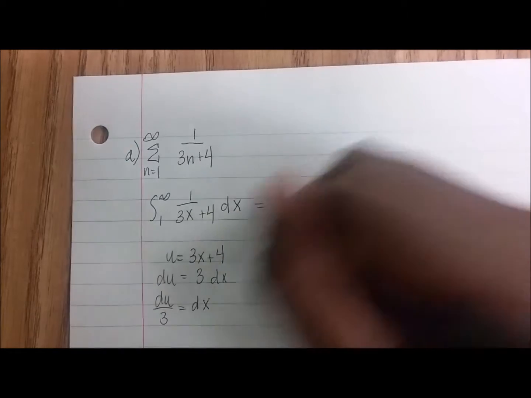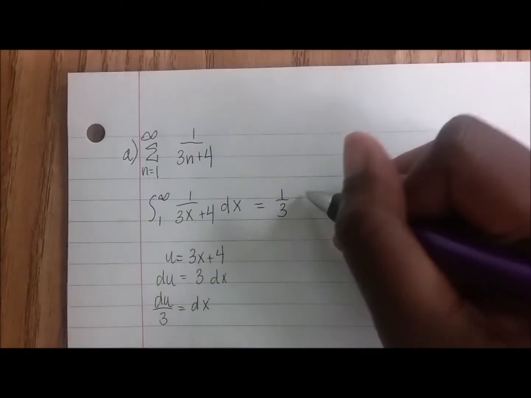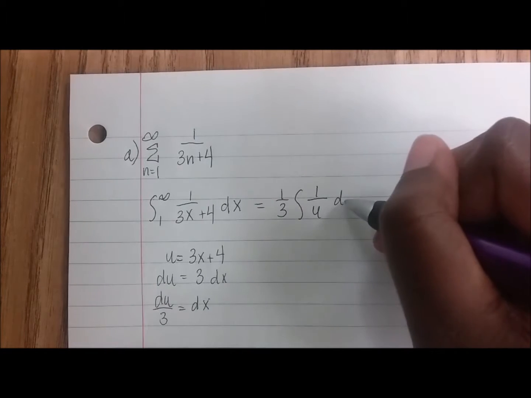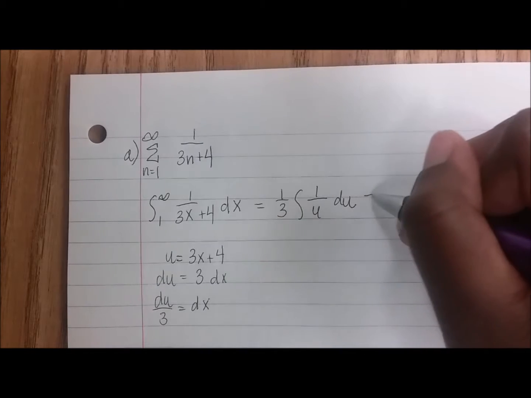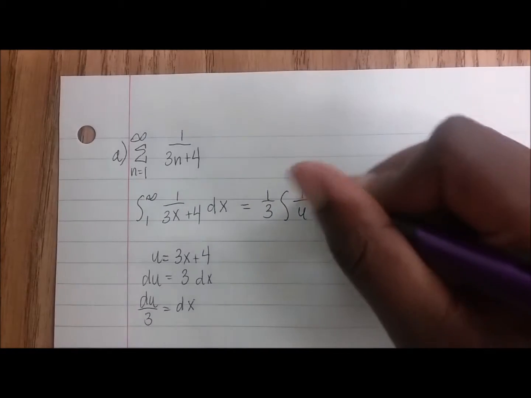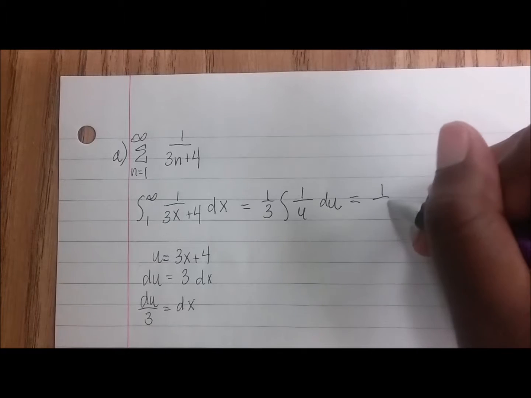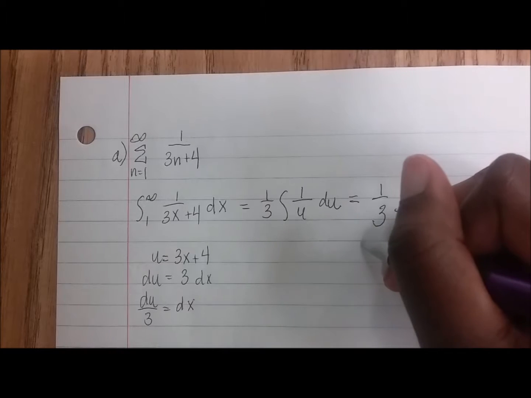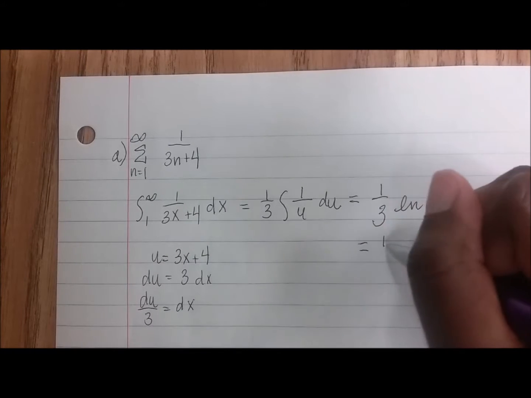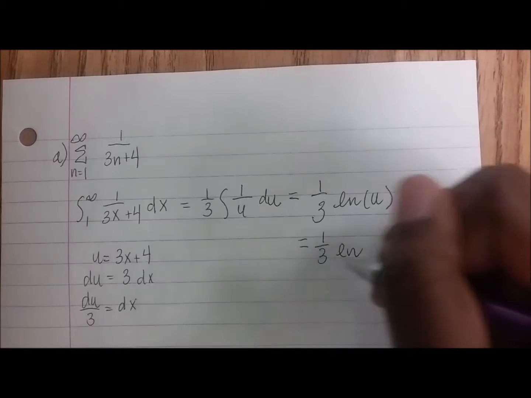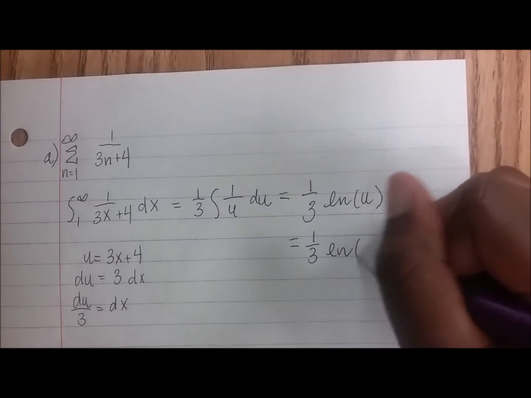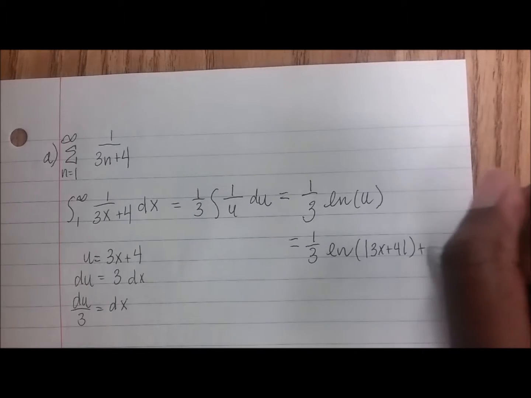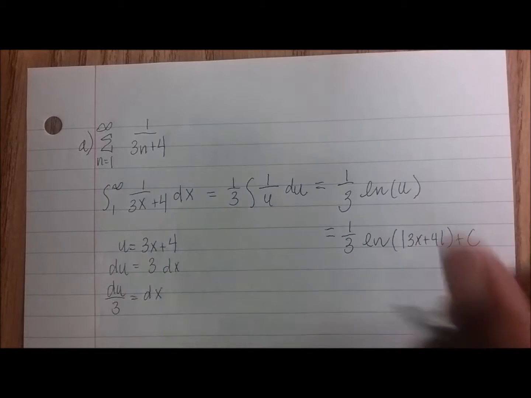Equal to 1/3 because of this du over 3, integral 1 over u du, and this turns into 1/3 ln of u, and then equals 1/3 ln absolute value 3x plus 4 plus c. Or you can write it like this.